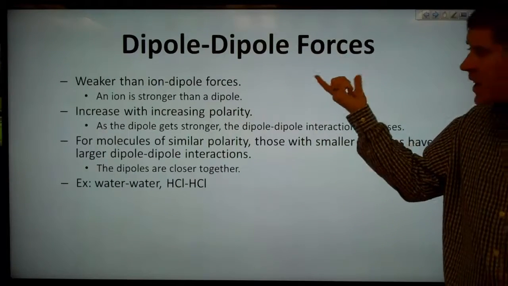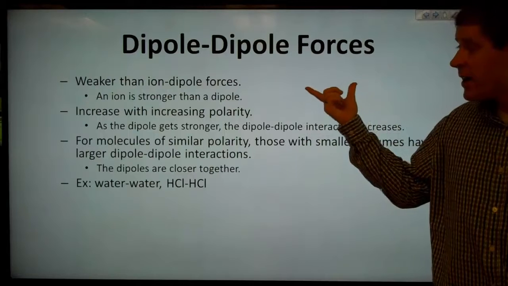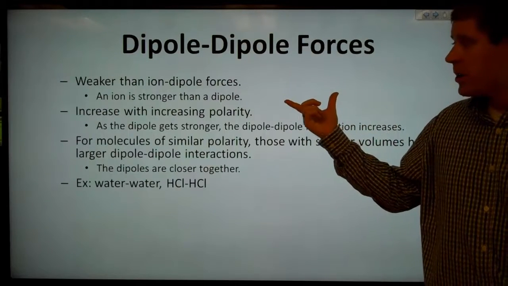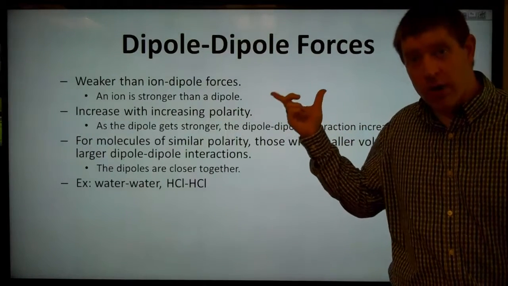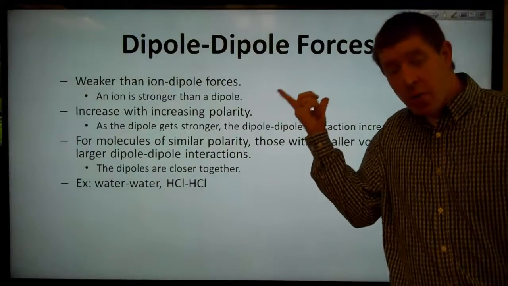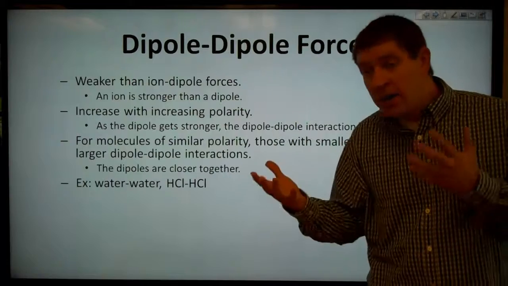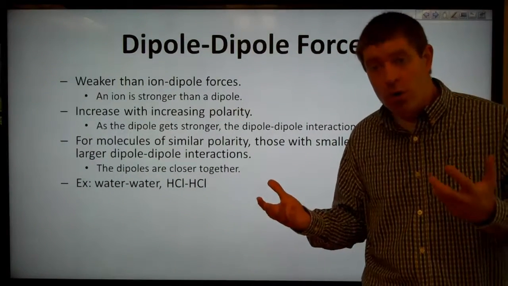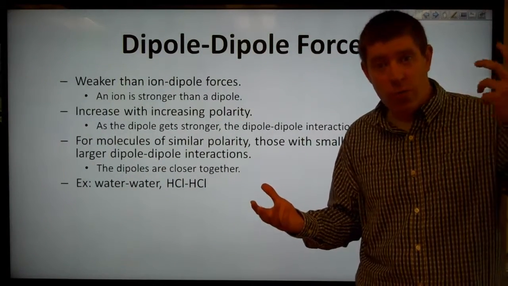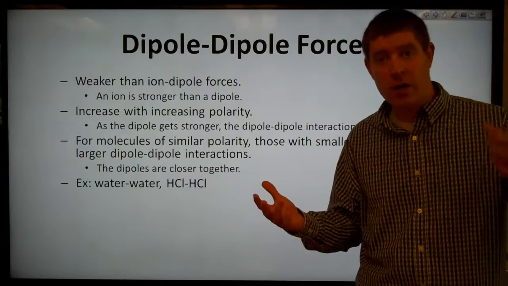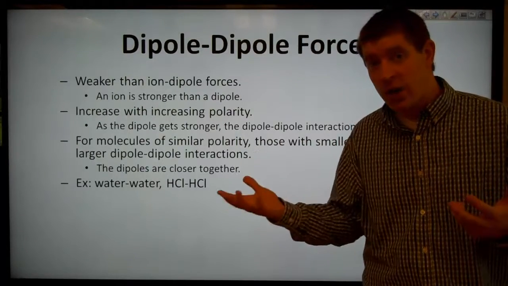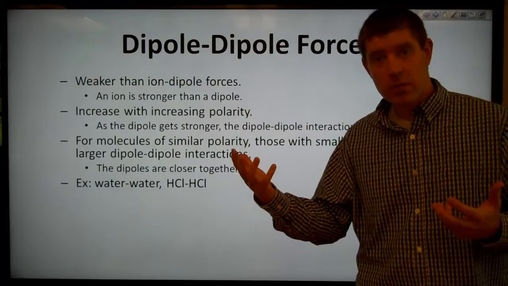So dipole-dipole forces are weaker than ion-dipole forces because an ion is stronger than a dipole, because the dipoles are just partial positive and partial negative charges. If you have an ion-dipole force, you have a complete charge of +1 or -1 or +2, -2, and so on. Not just a partial with another partial.